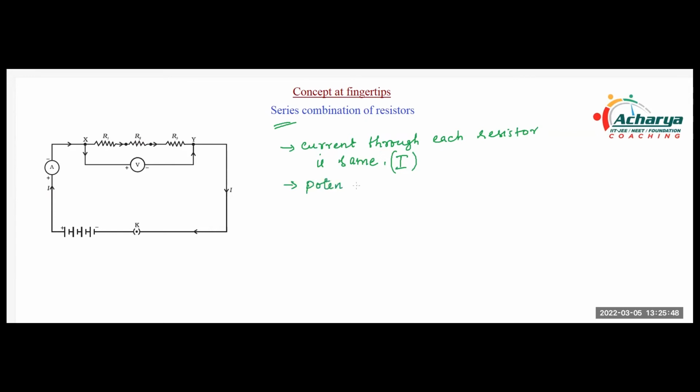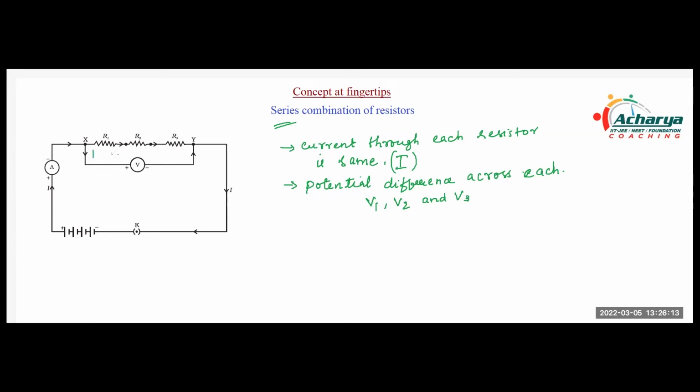Potential difference across each resistor varies according to the value of the resistance. So let's see the potential difference across each resistor. Let's denote it as V1, V2 and V3.